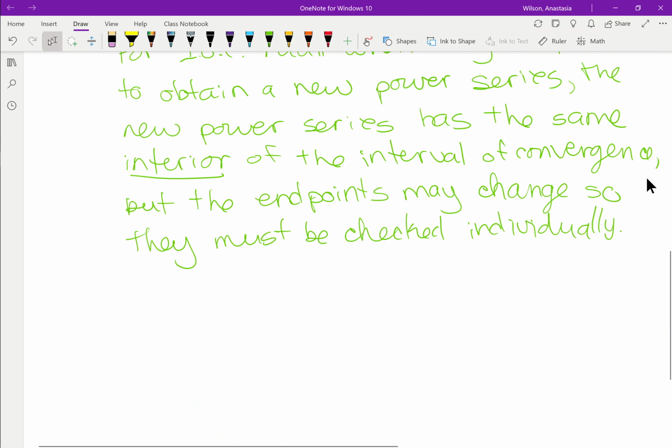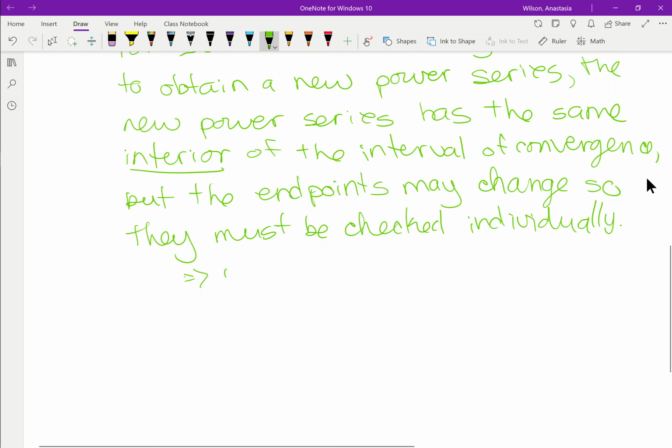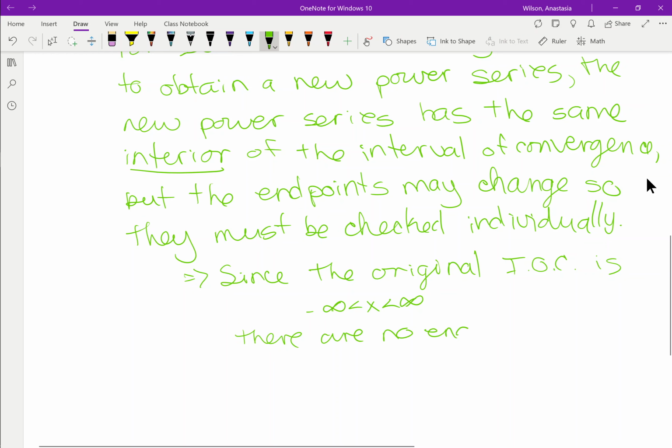So that means that since the original interval of convergence is negative infinity less than x less than infinity, there are no endpoints, so nothing changes.